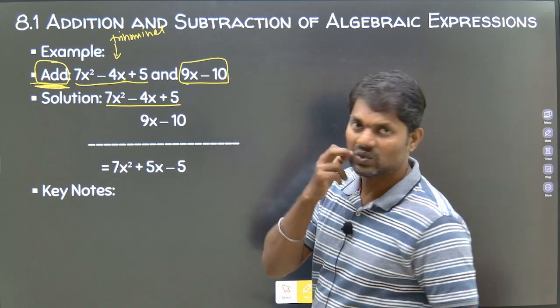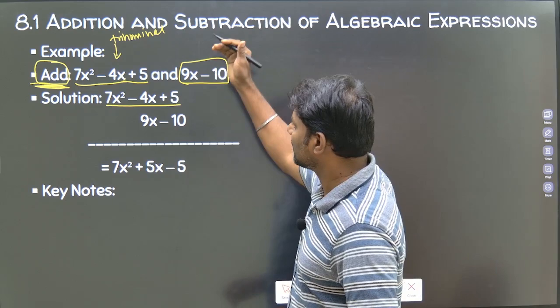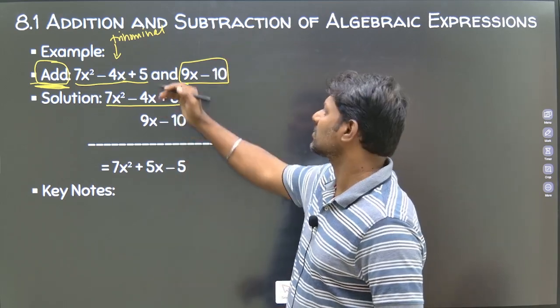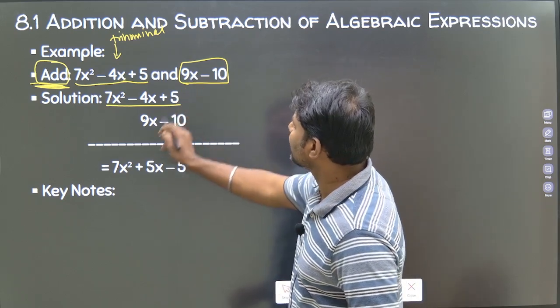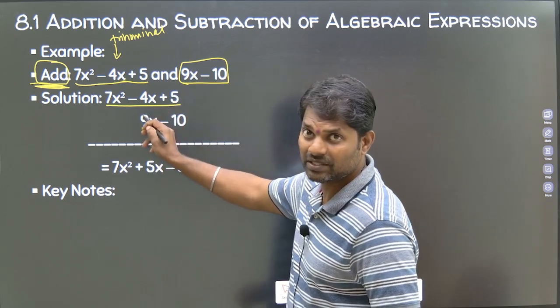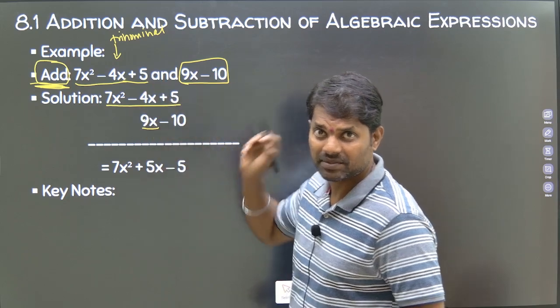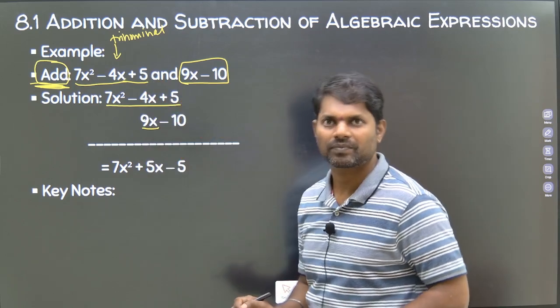Then what does the rule say? You have to write an algebraic expression in such a way that similar terms should come together. Okay. So 9x I am going to write here below 4x, so that it becomes easy to add these similar terms. Minus 10 I am writing below 5.